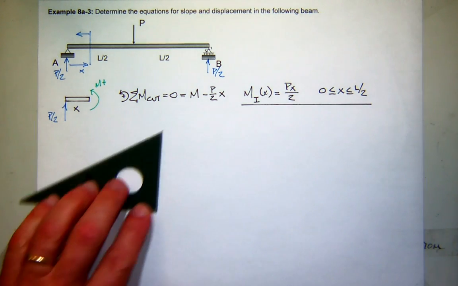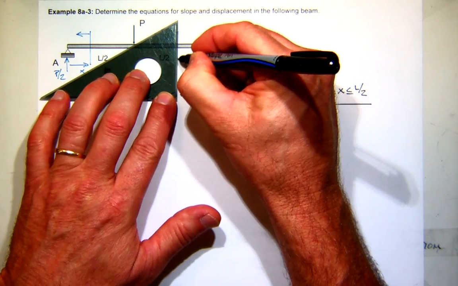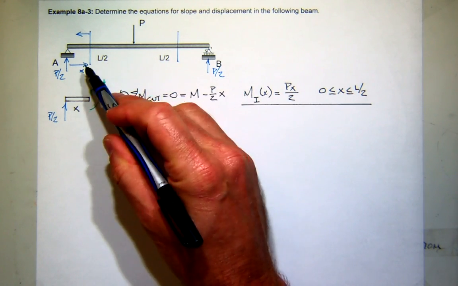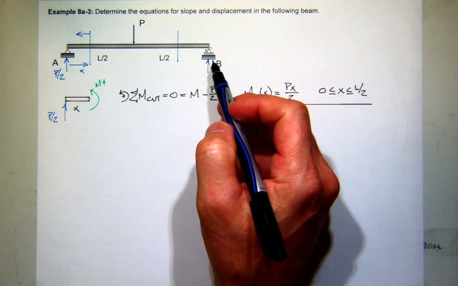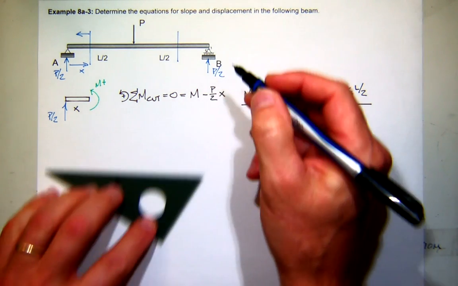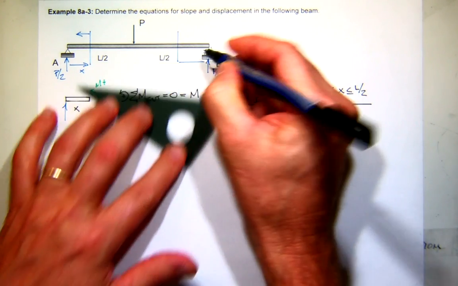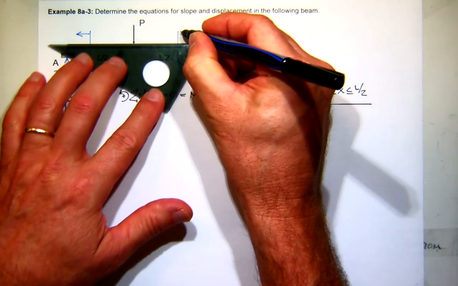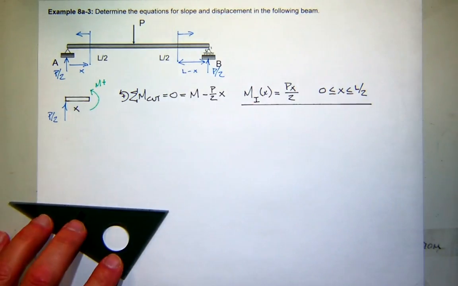Now I want to come over to this second area and make a cut. Do you want to work the left side of that one or the right side? Right. Yeah, I think the right side is going to be easier. And that distance is going to be L minus x, and we're going to look to the right.